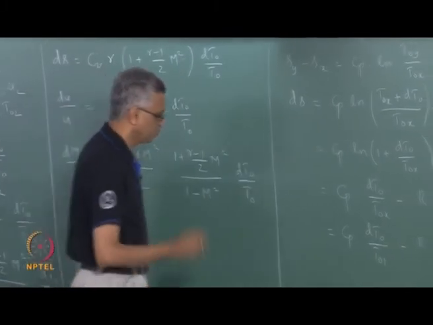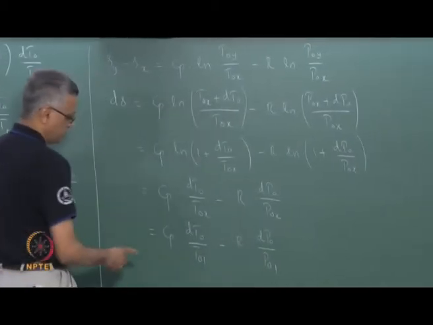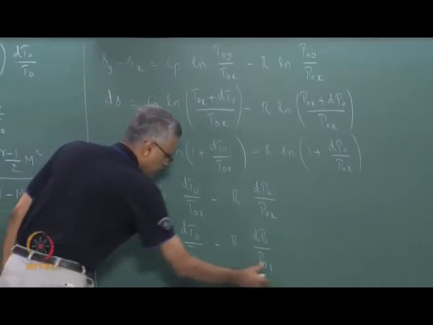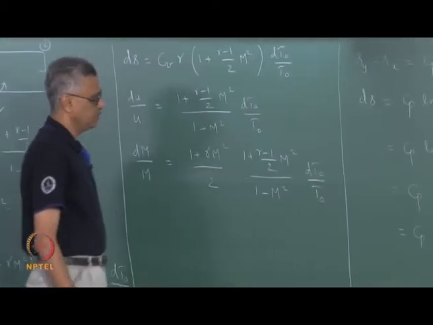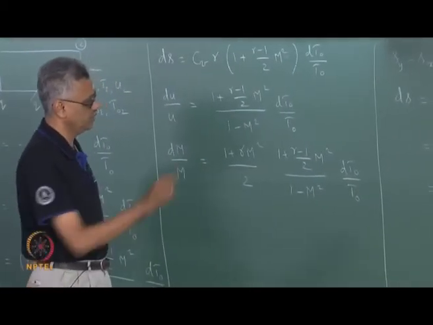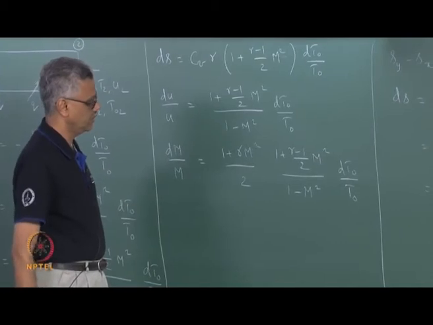Let me make a small change here. Instead of 1, let me write this without subscript, so that we get a generic relationship relating dP0 and P0 for an incremental addition of heat.